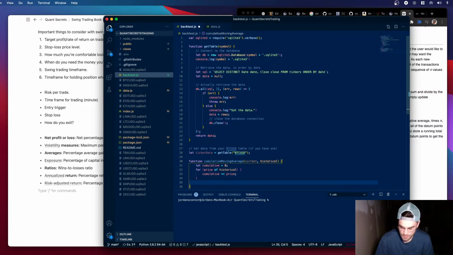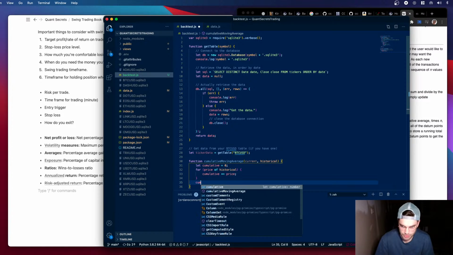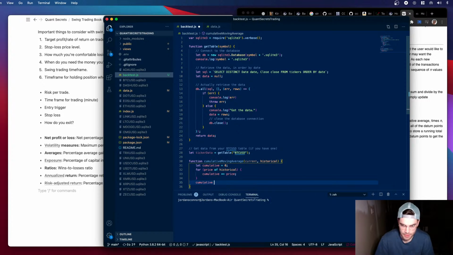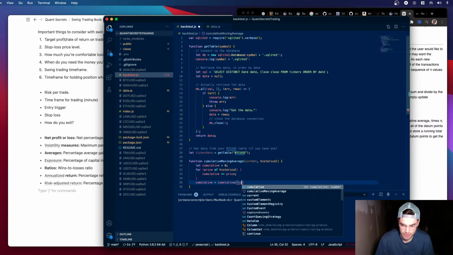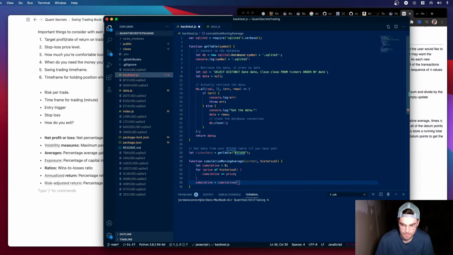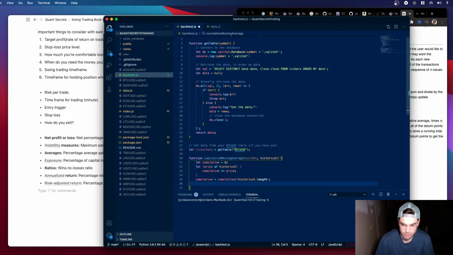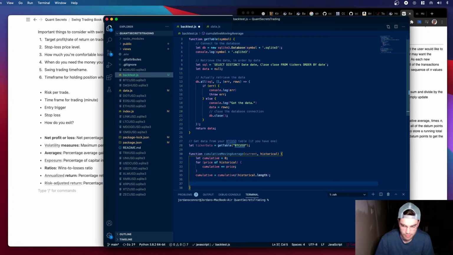And then cumulative equals cumulative divided by historical dot length. Okay, so that gives me the average cumulative. I'll call it let average.